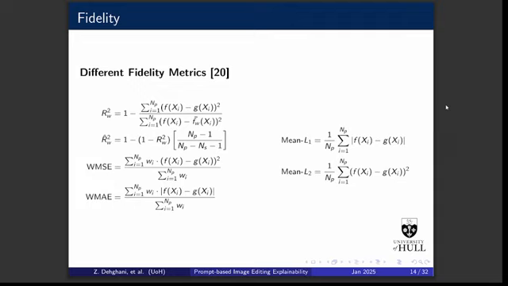Weighted mean absolute error focuses on the absolute differences, also weighted, and mean L1 and mean L2 calculate the average absolute and squared differences respectively between the surrogate and original models.